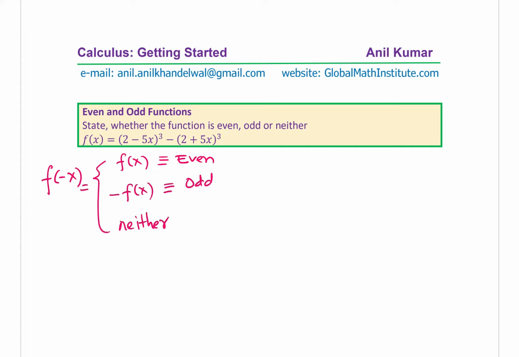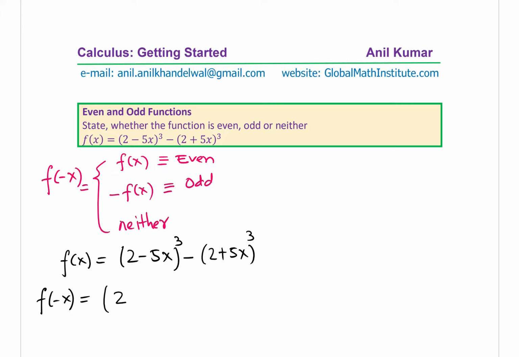So let's see our example and try to simplify. We are given the function f of x equal to (2 minus 5x) whole cube minus (2 plus 5x) whole cube. So let's find what f of minus x equals. Replacing x with minus x, we get (2 plus 5x) whole cube minus (2 minus 5x) whole cube.